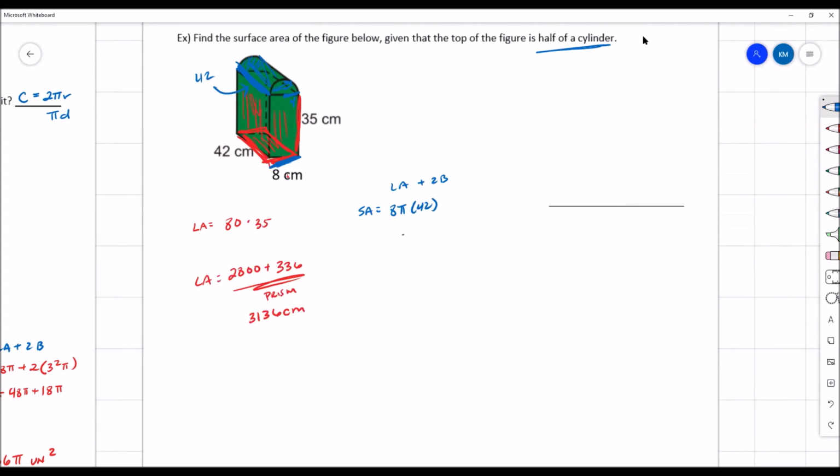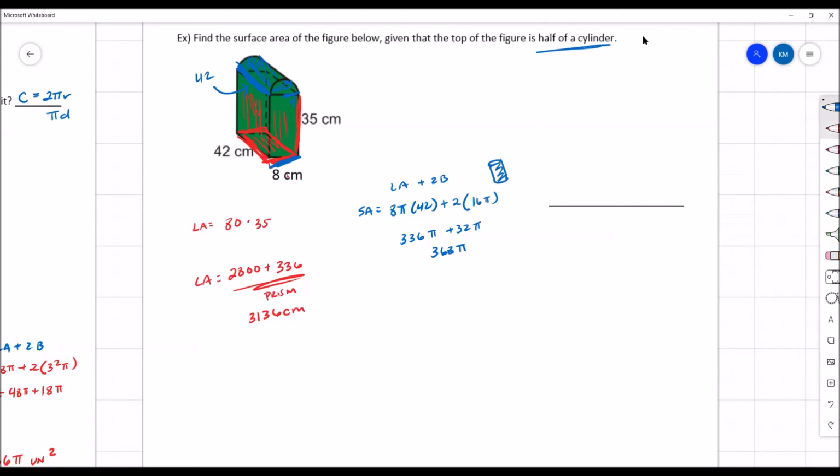That gives us 336. So our lateral area is 336 pi so far, if it was our entire cylinder. Plus 2 times the area of the base, which is pi r squared. So 4 squared is 16 pi, so plus 32 pi. We can add those together and we get 368 pi. That would be the entire cylinder. If this were an entire cylinder, that's what our answer would be.